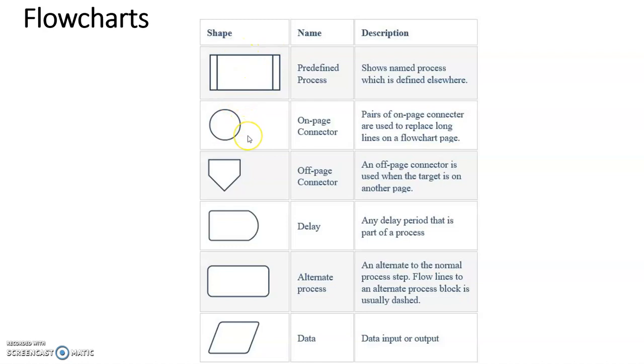Then connectors. Connectors are designated with circles. Excuse me, not off-page connectors. On-page connectors. That's what I said. On-page connectors, if you're on the same page and you want to continue your algorithm on another section of the page, all you just need to do is put it in this circle and indicate what you want to be there.